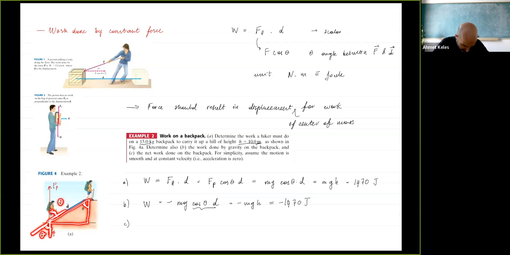But when I saw cosine theta multiplied with d, I immediately said it must be equal to h because, maybe let me clean, this distance times this angle is h, right? I can see this triangle.